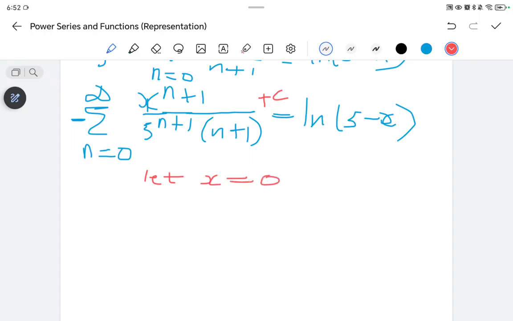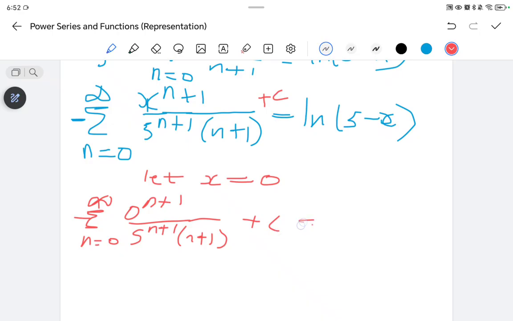Then we find c. If I plug in a 0 here, plus c, this will be equal to ln 5 minus 0, which should imply that c is equal to ln of 5. You see right now?